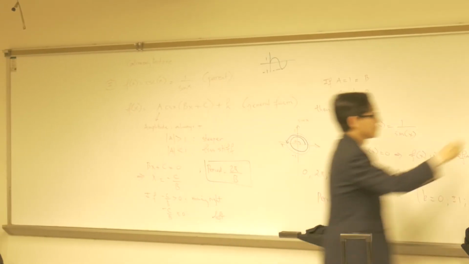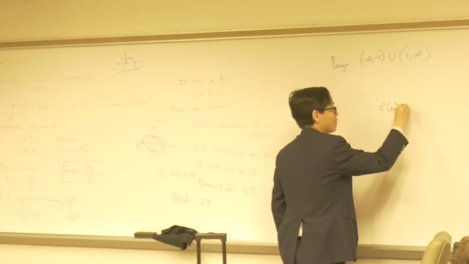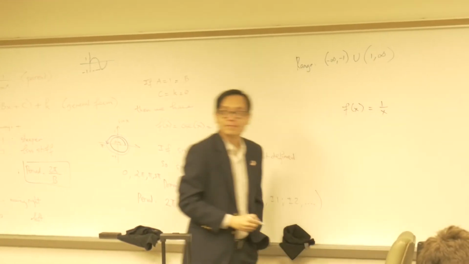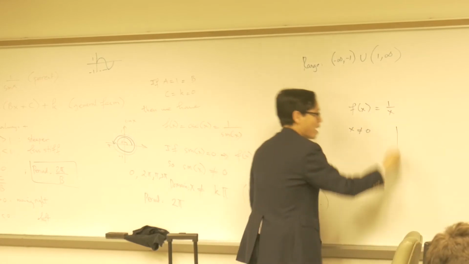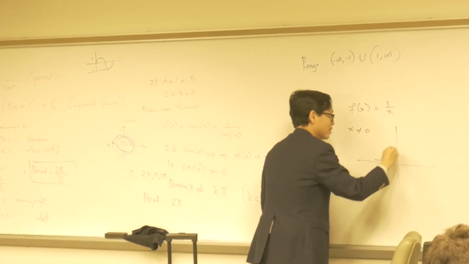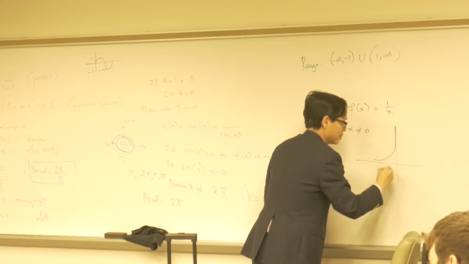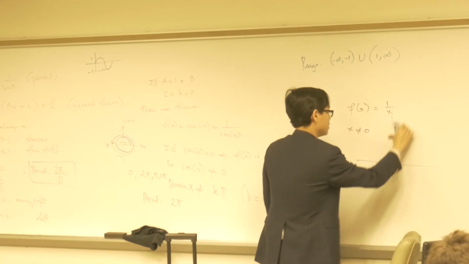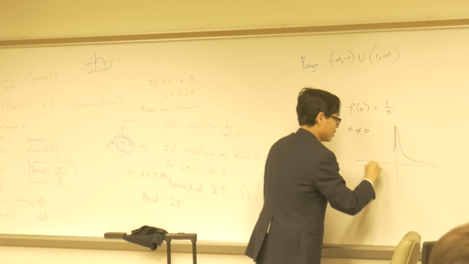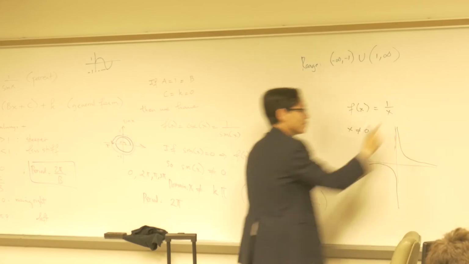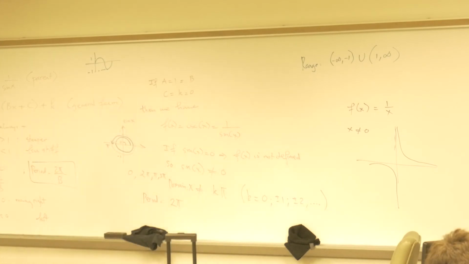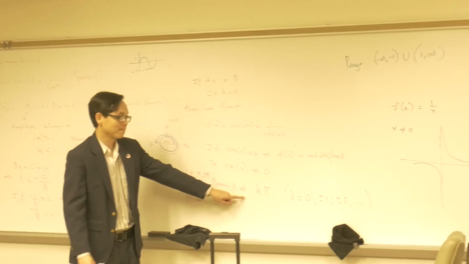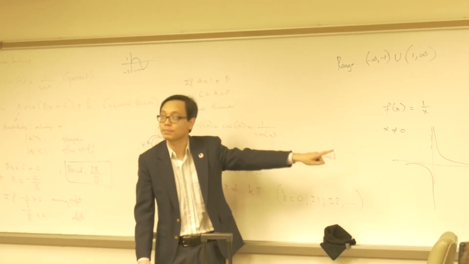You know? f of x equal 1 over x, undefined at x equal to 0. That's why the vertical asymptote is like this. At the value that makes the function undefined, we have a vertical asymptote.